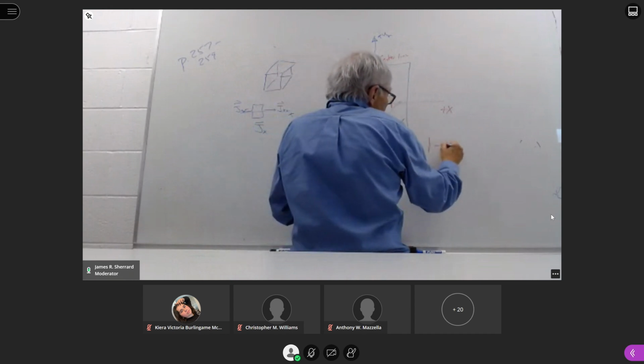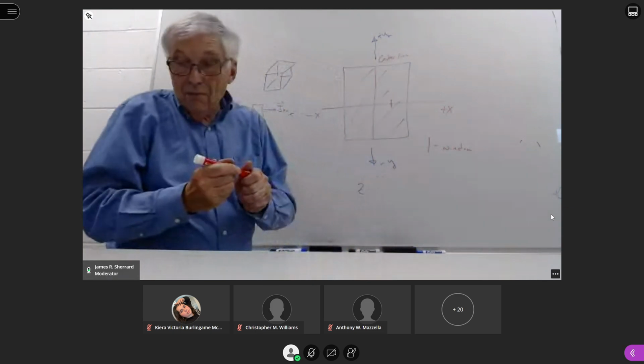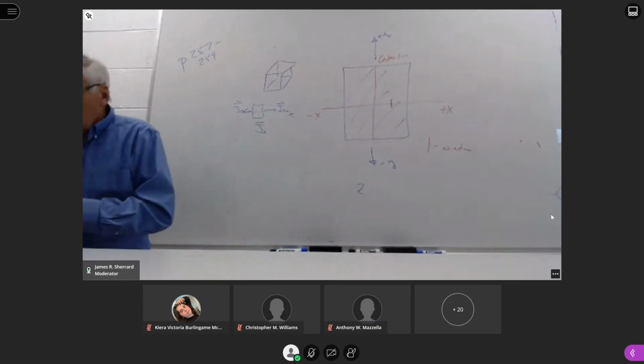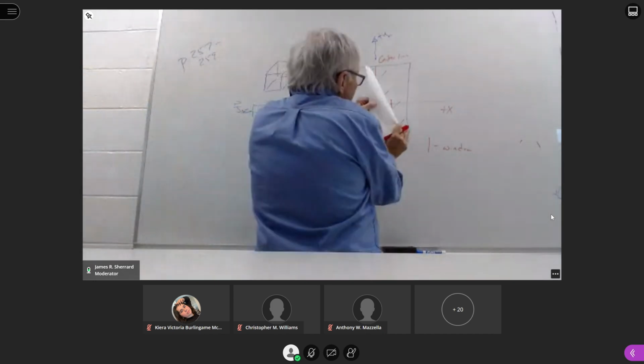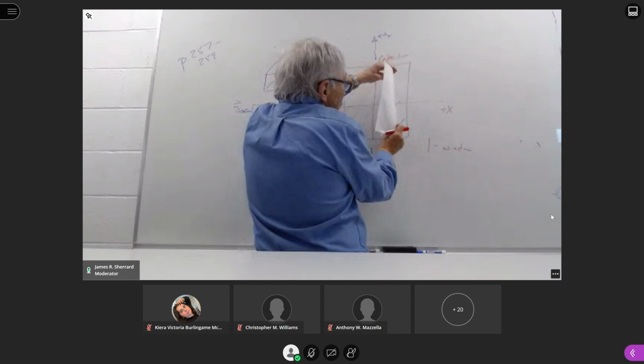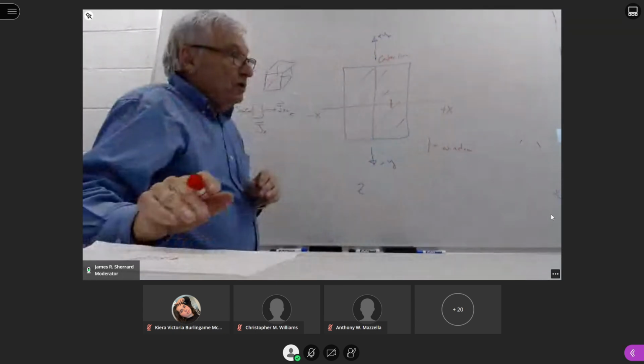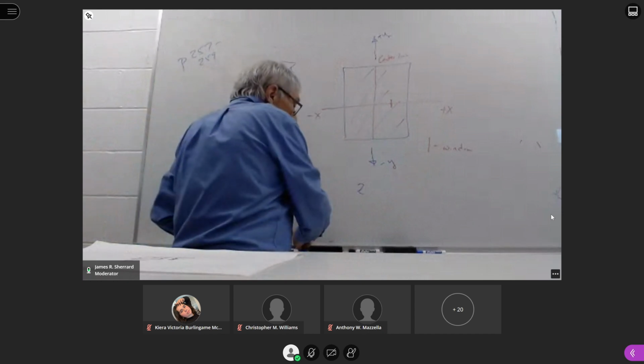So this is our window. The little window really looks like this, 1 centimeter by 1 centimeter, but I've turned it sideways because we're interested in what's going for the neutron current density.